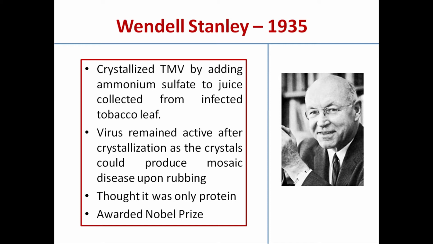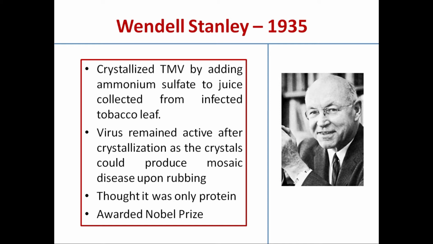He also found that the virus remained active after crystallization, because the crystals he obtained by adding chemicals to the sap could produce mosaic disease when rubbed on a healthy plant.